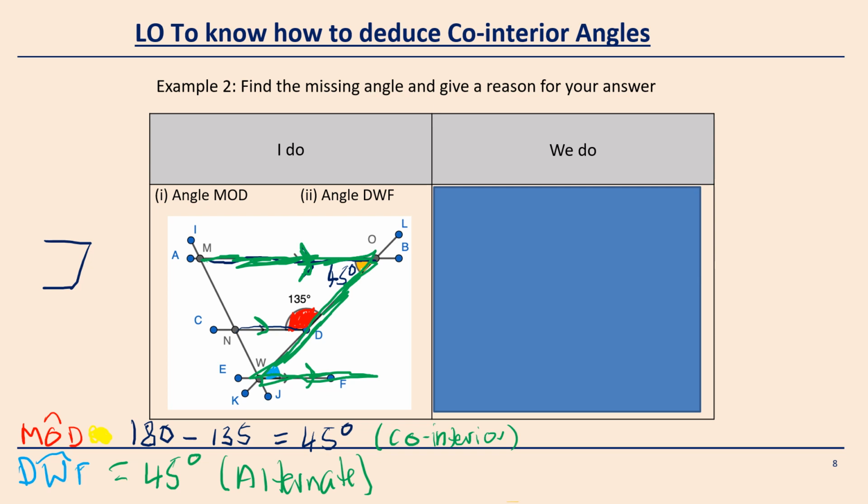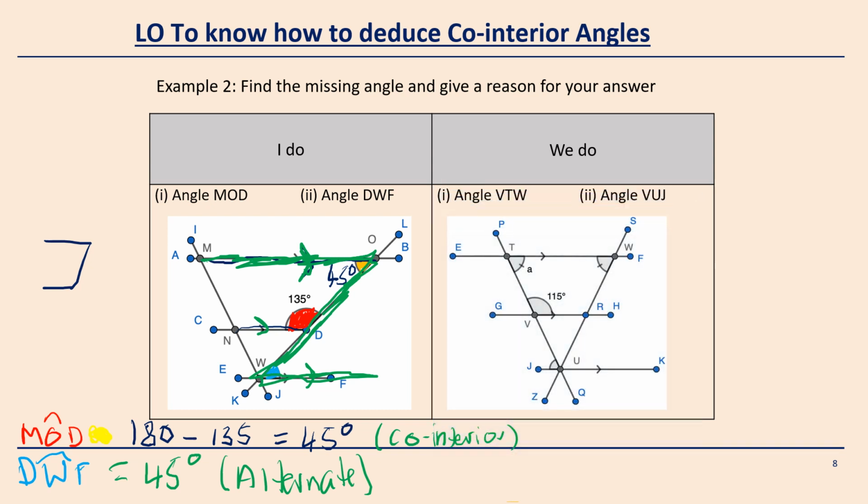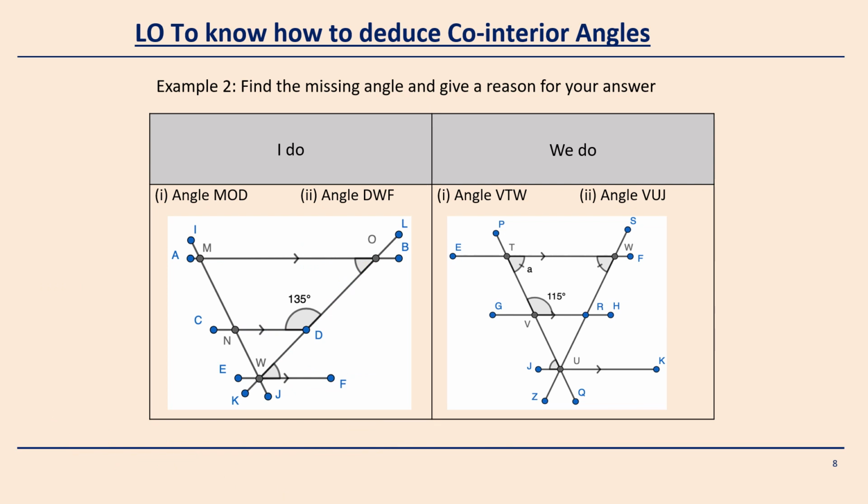Right, you have a go now at the we do. These little ticks on the angle tell you that these two angles are equal. That's what that tells you.